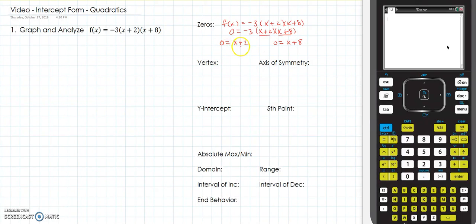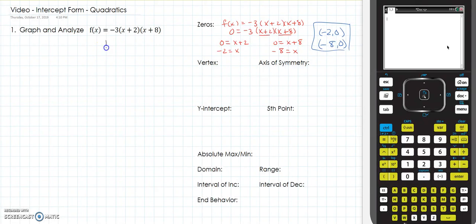When I go ahead and solve, I subtract 2, so x is equal to -2, and x is equal to -8. So if I put those as actual coordinate points, we have (-2, 0) and (-8, 0). Those are my two x-intercepts, or my two zeros.